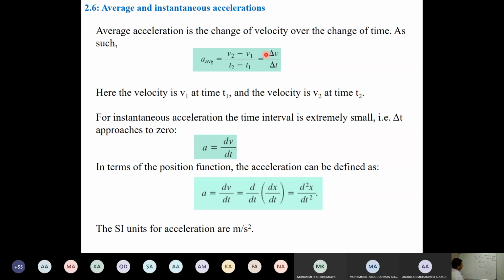But here, again, the time interval, which is delta t, now will approach 0. And for this small time interval, we can easily write the acceleration as delta v by delta t. This is what we have.